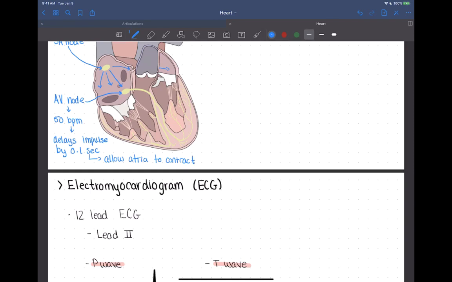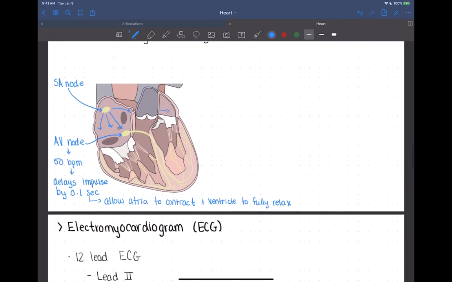It allows the atria to contract, and at the time the atria are contracting, the ventricles are going to be relaxing. So the ventricles can also fully relax. Okay, so that little delay that comes from that AV node is very important functionally, even though it's just a fraction of a second. All right, a tenth of a second.